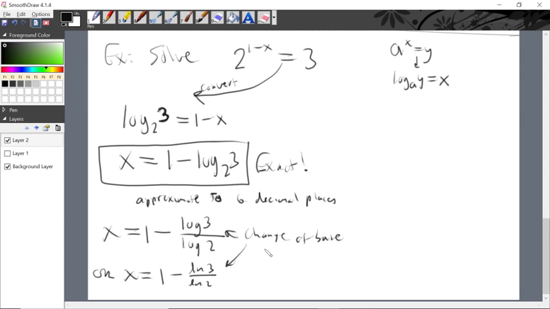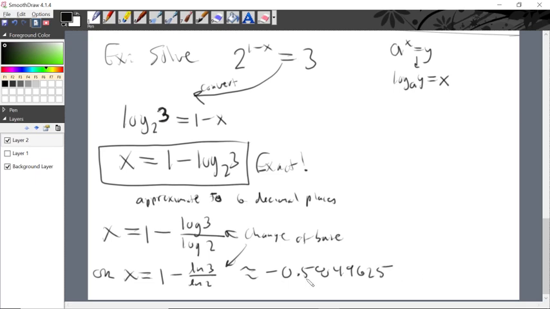In either case, we can then go to the calculator and we can get an approximation right now. So you can check on your calculator to see what you get, regardless of whether you use a base 10 or a base e logarithm. In either case, you should get exactly the same answer. And I'm going to round that answer to 6 decimal places. So I'm getting that this is approximately negative 0.584962.5.